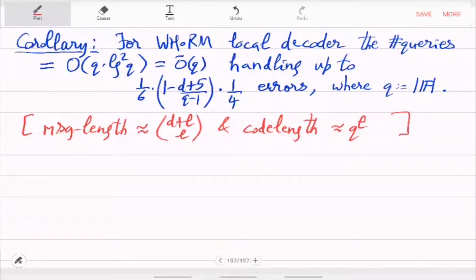So, now observe in terms of the code length. In terms of code length q to the L, that is the length of y, it is very long, and this local decoder algorithm is making only q queries, okay, which is much less than q to the L, and it will give your favorite value amongst these d plus L choose L values with good probability, and even errors can be quite a lot. 4% of y may be corrupted, and errors around 5%.